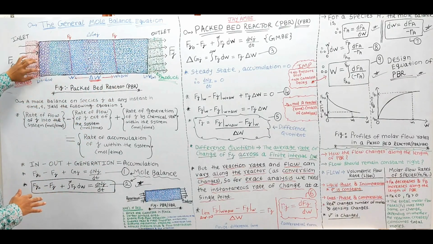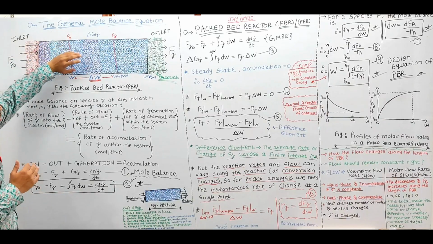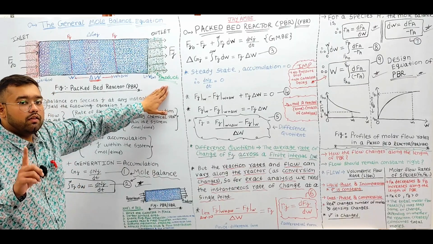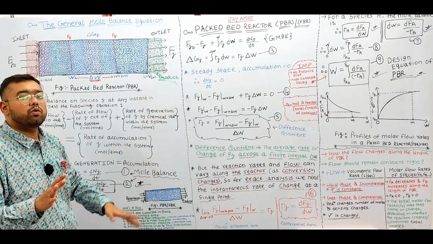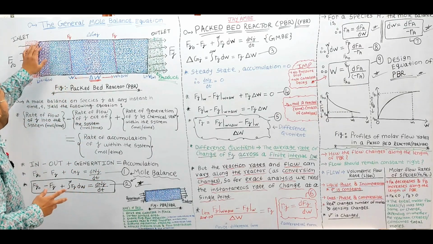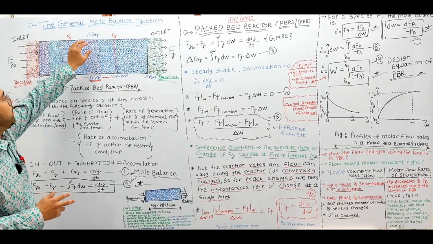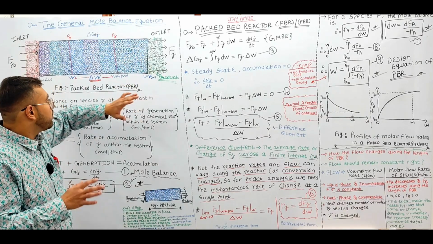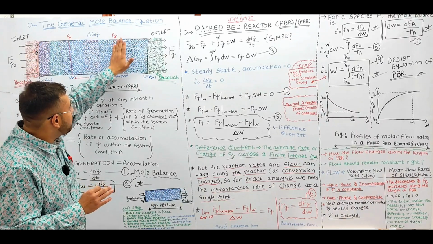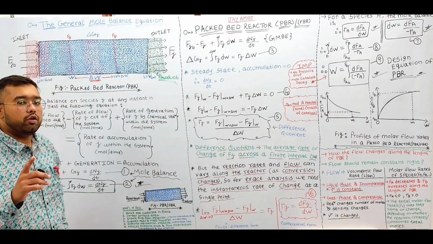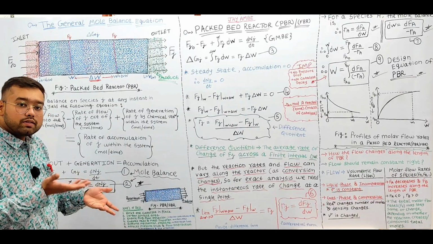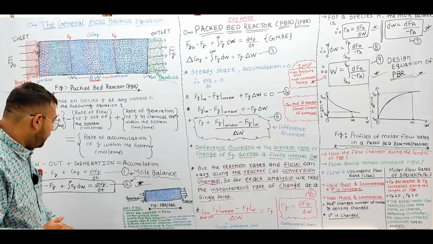There should not be any hotspots in certain areas of the reactor. So we need to ensure uniform heat transfer and mass transfer through the entire volume and length of the packed bed reactor. We'll delve deeper into all these significant points in the upcoming lectures, right?